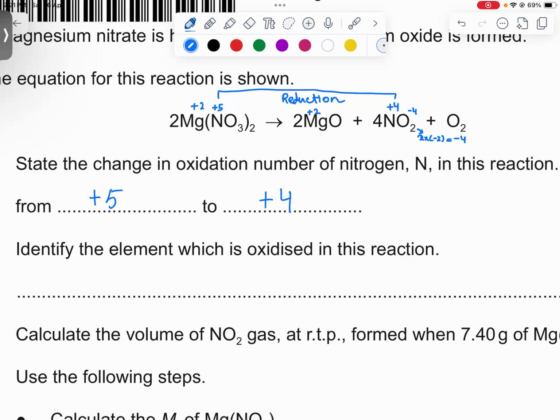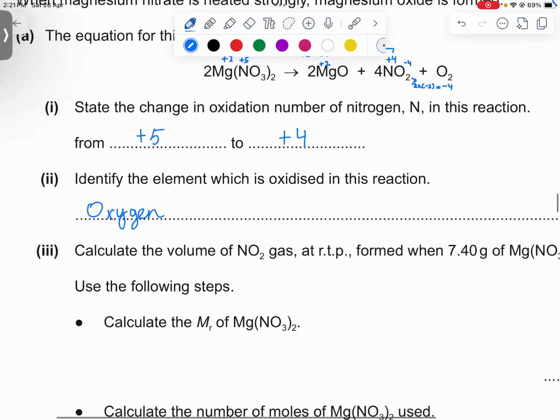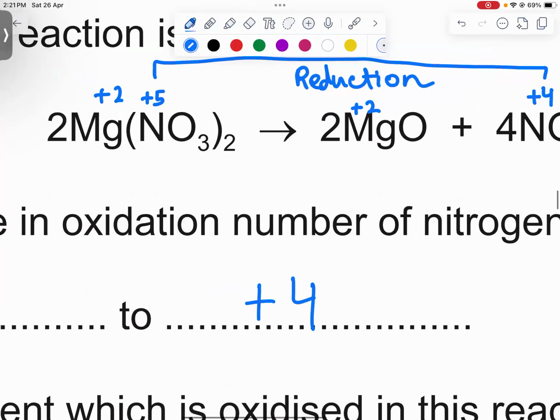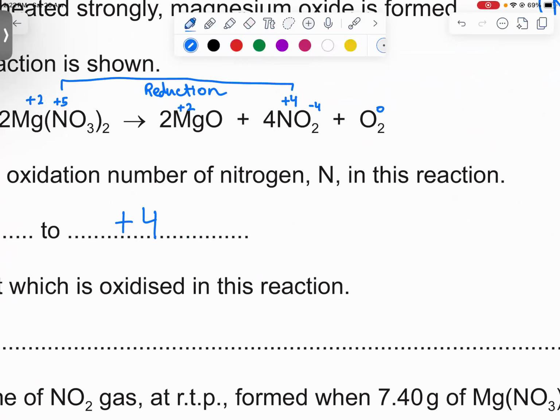So simply the answer should be oxygen, but how can we confirm that oxygen has oxidized? Before the reaction, each oxide had a -2 charge. We had confirmed that. Now, when the oxide has become a diatomic molecule over here, it means the oxide has gone from -2 to 0.